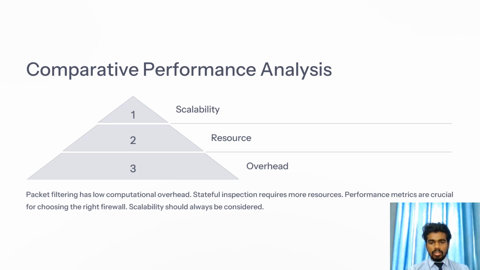For resource use, packet filtering has minimal resource consumption, while a stateful firewall needs more memory and processing power, as it checks everything about the packet, not just its header. In terms of overhead, packet filtering is lightweight, whereas a stateful firewall introduces some delay due to connection tracking.